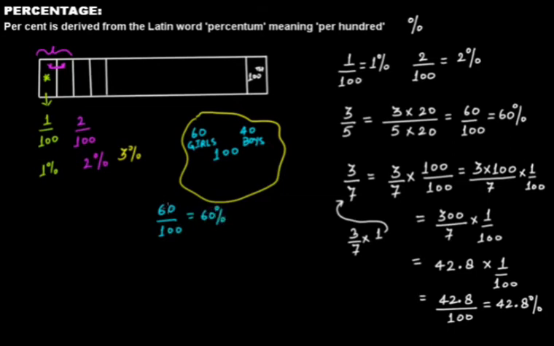The fraction of girls in the class is 60 over 100, and this fraction represents a percentage, that is 60%. The fraction of boys in this class whose strength is 100 is 40 over 100. Okay, and this represents a percentage, that is 40%.